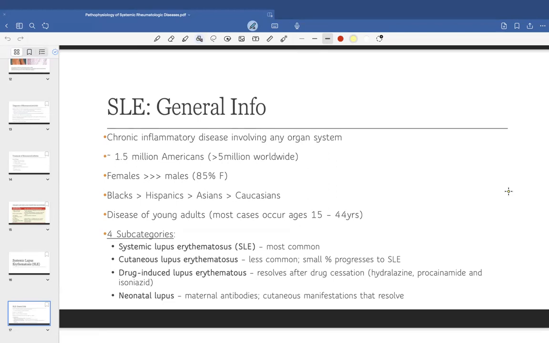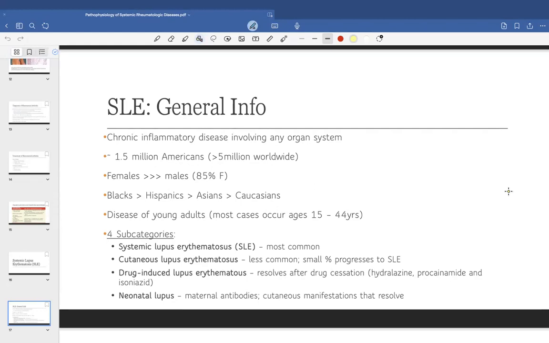Over 1.5 million Americans are diagnosed with lupus. It affects women significantly more than males. 85% of your lupus patients are female. And yes, it affects Blacks disproportionately, more so than Hispanics and more so than Asians, with Caucasians being less likely.